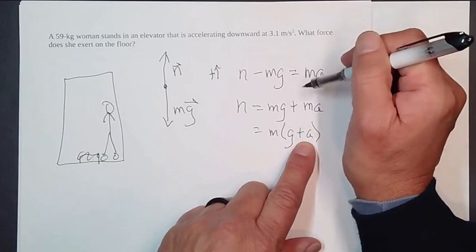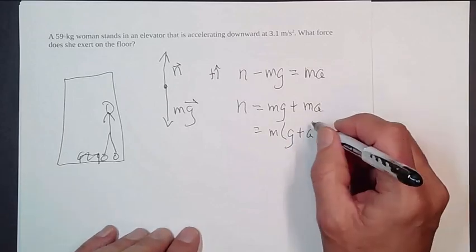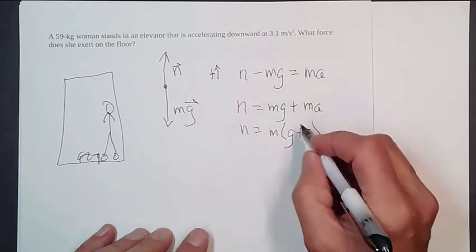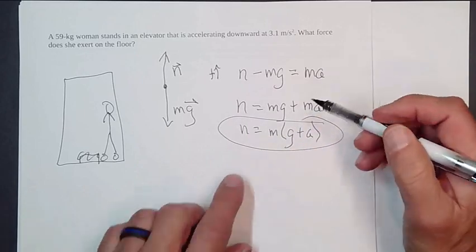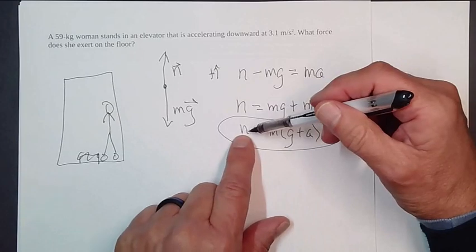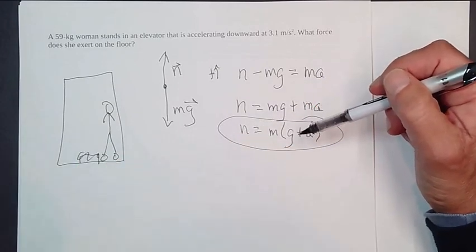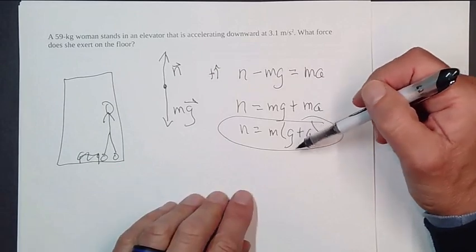We happen to know that it's downward, but it could be the other direction. This will be a more general expression. You could see off of this that if there's no acceleration, the normal force would equal her weight, and that would thus be also the force that she exerts down on the thing.